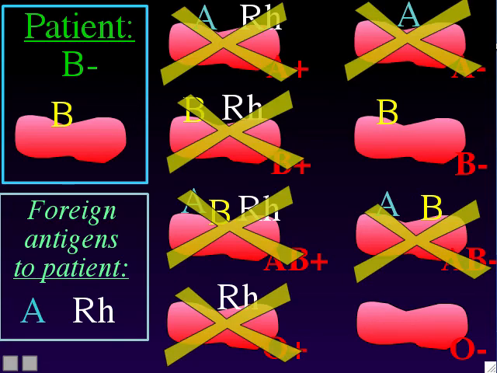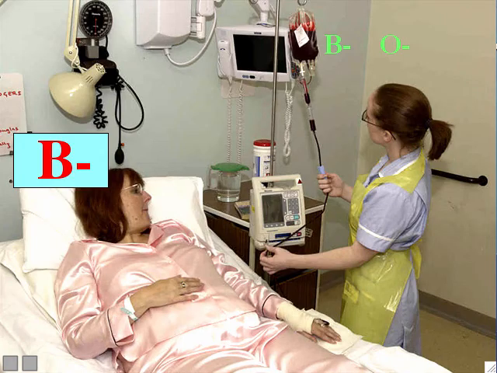And so there it is. And so you can see when you go through this procedure for the B negative patient, the blood types that are safe to give to the patient are B negative and O negative. And there you see it. There's the B negative patient, and the blood types that are safe to give to her are B negative blood and O negative blood.